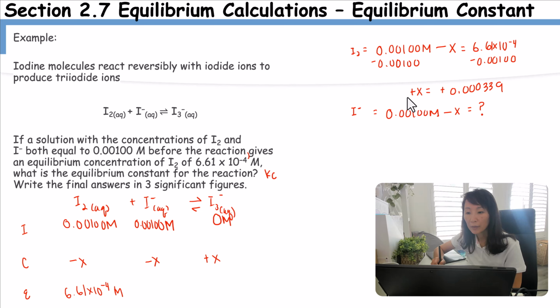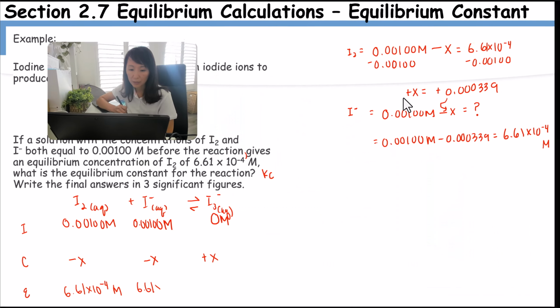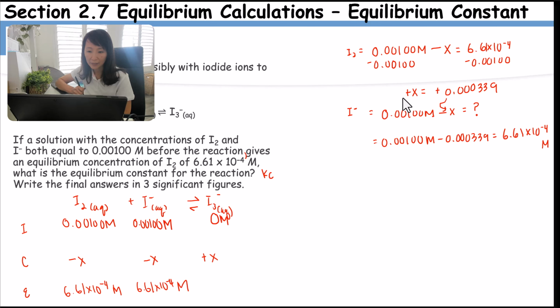If I plug in the value of X that we've already found previously, 0.00100 molarity minus 0.000339, then in fact you will get 6.61 times 10 to the negative 4. So we know the concentration for the iodide ion is this value, which is 6.61 times 10 to the negative 4 molarity.